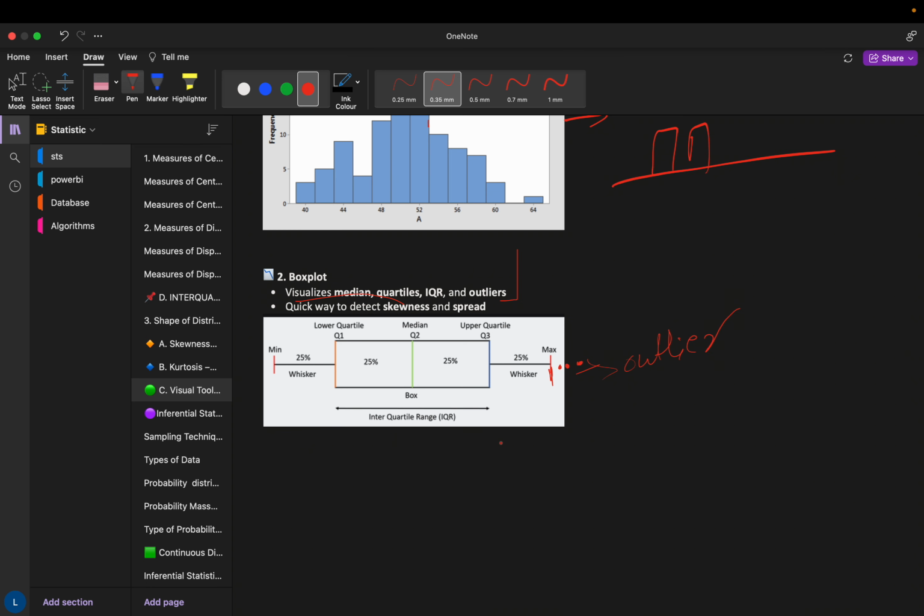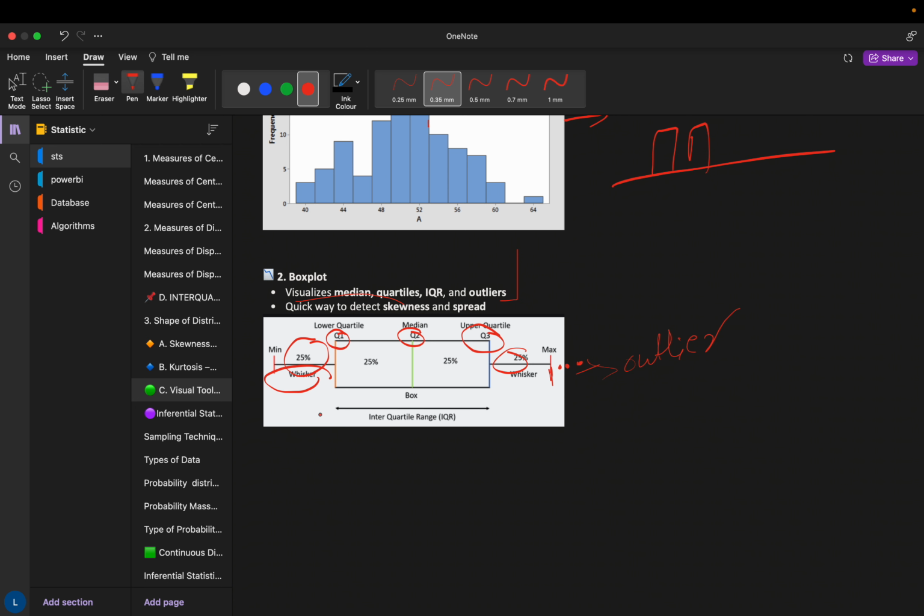Okay, normally a box plot is a visual representation of a distribution. It represents the lower quartile Q1, the median Q2, and the upper quartile Q3. And here we normally have whiskers. It is always 25% and 25%.